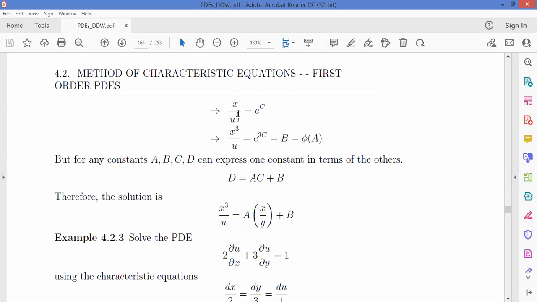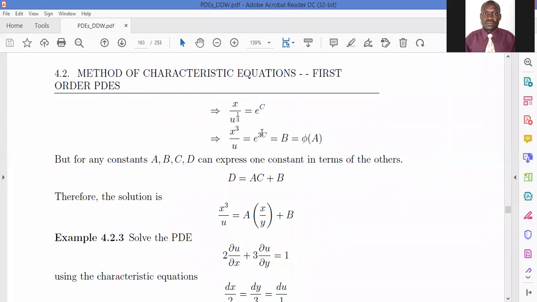If you power everything to the 3, this thing just comes out. If you power the left and the right to the 3, these are just simplifications. You don't have to worry much. If you power this to the 3, and of course you power this one to the 3, then this one comes out.